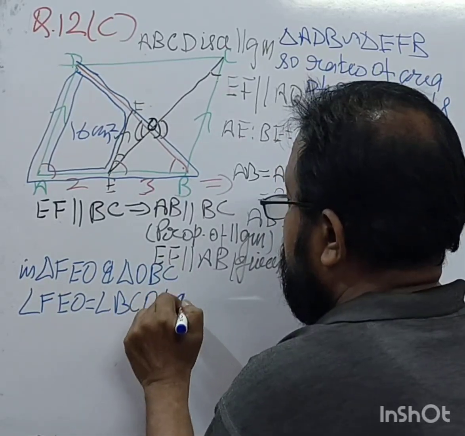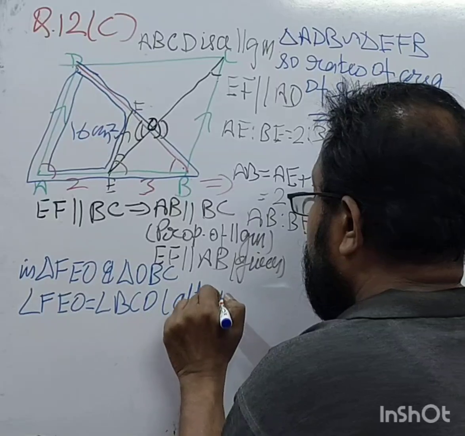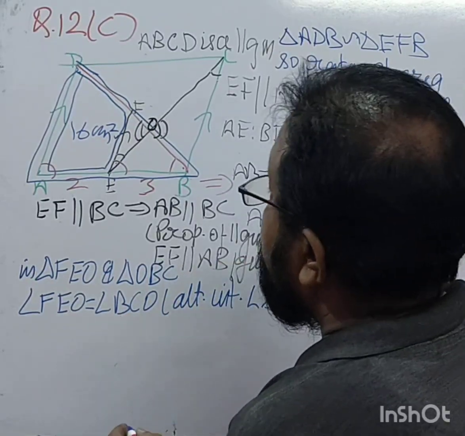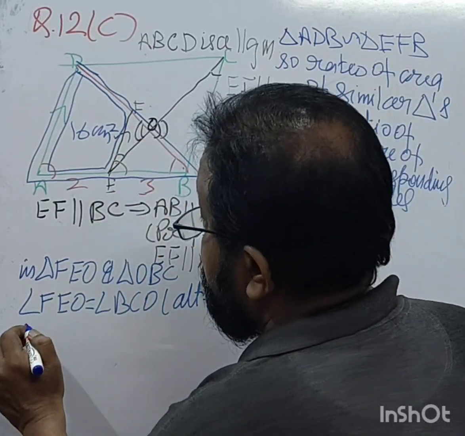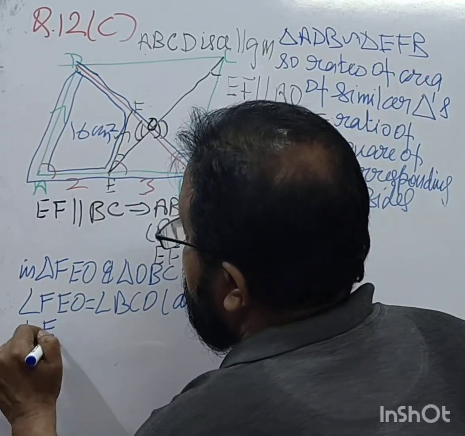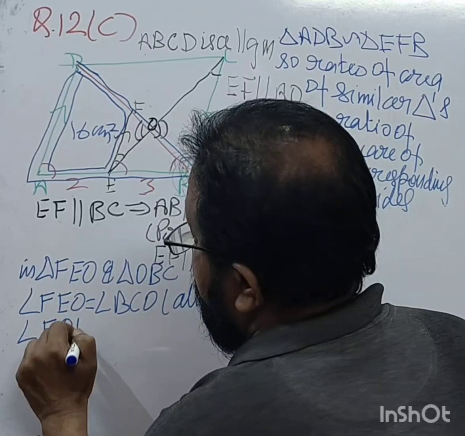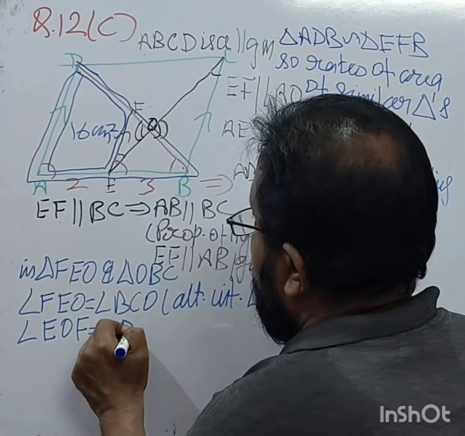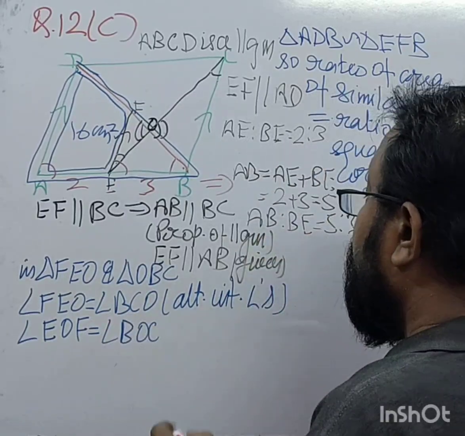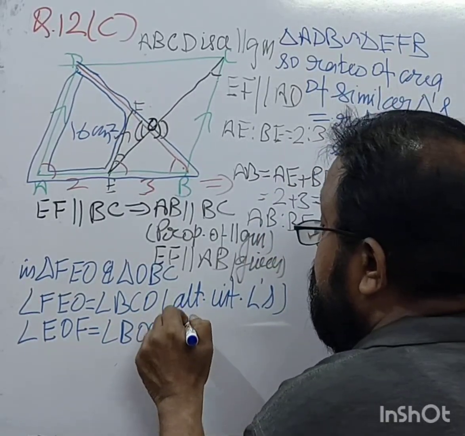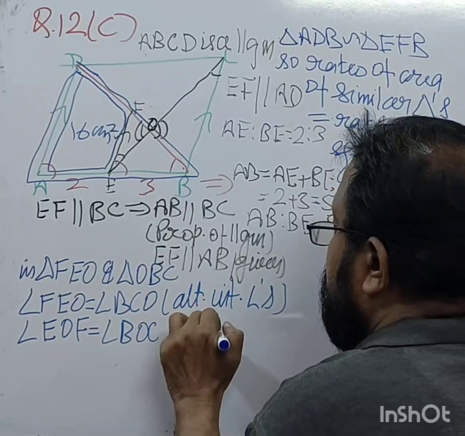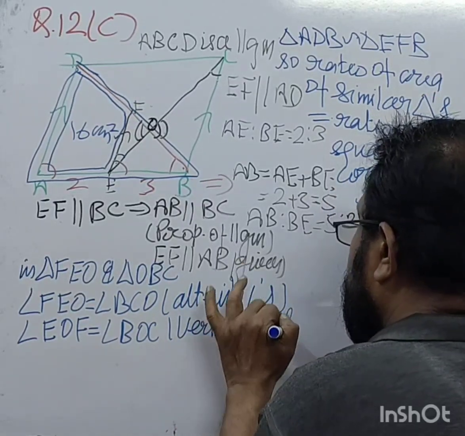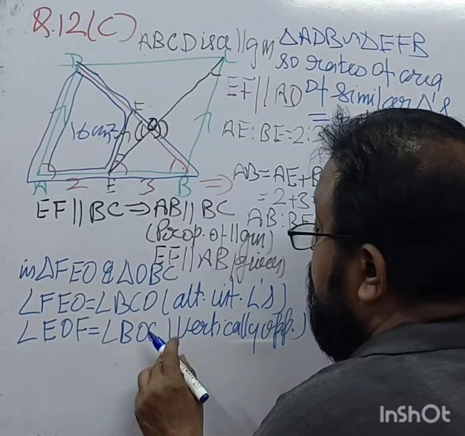They are alternate interior angles, right? And this is angle EOF is equal to angle BOC. They are vertically opposite. Right?